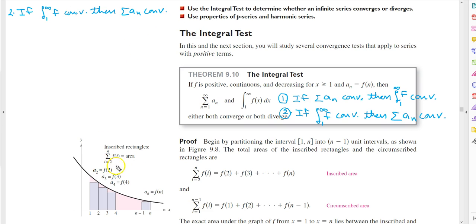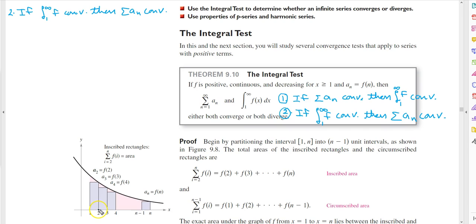Well, to help us out with that, let's take a look at this graphic down here. So down here, we have a graph of our function f of x. And you notice these little rectangles that are inscribed underneath the graph of the function. Well, notice that the area of this first rectangle is actually a2.